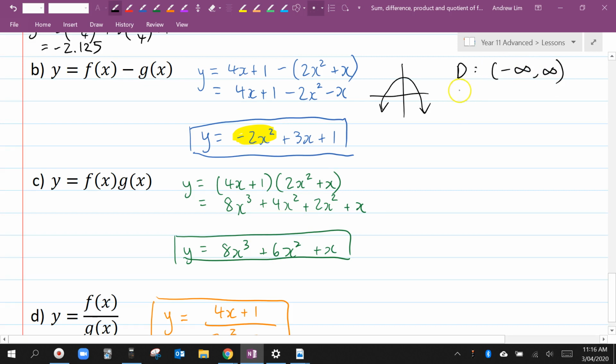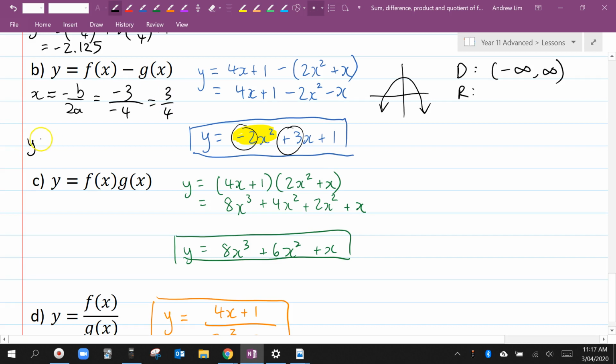The question is, what is the range? So the x coordinate of the turning point is minus b over 2a. Well, b is 3, so it's minus 3. A is minus 2, so 2a is minus 4. So that just becomes positive 3 over 4.